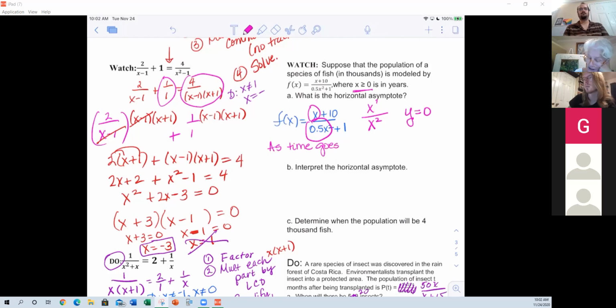Is it getting bigger or is it getting smaller? Closer to 0, so small. Right. Okay, so as your years go by, the fish population is getting really close to 0.